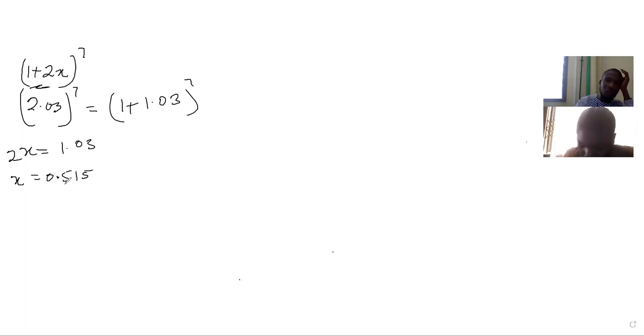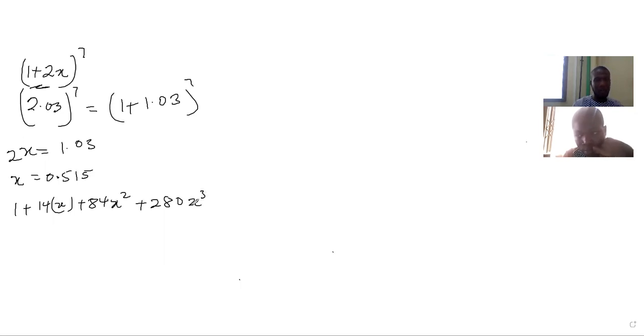Now you fix this into the expansion, which is 1 plus 14x plus 84x squared plus 280x cubed.